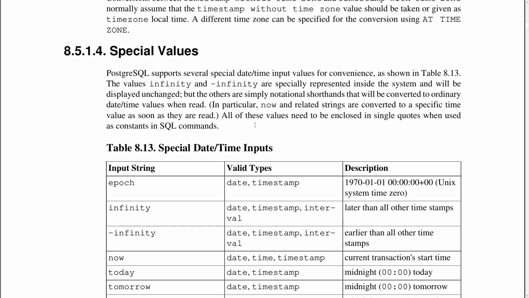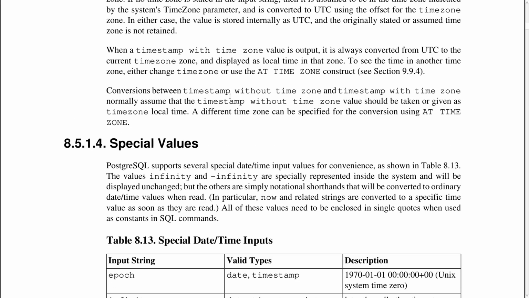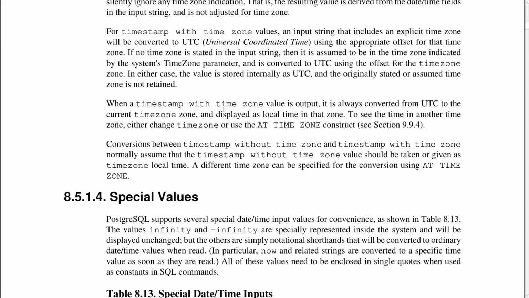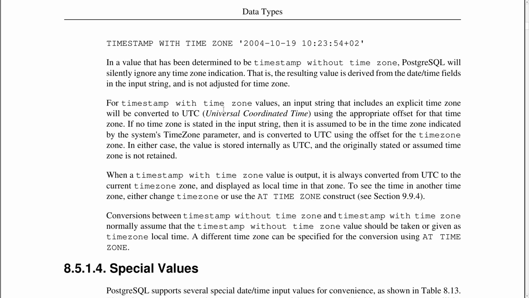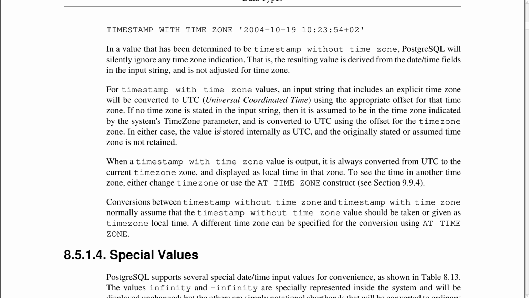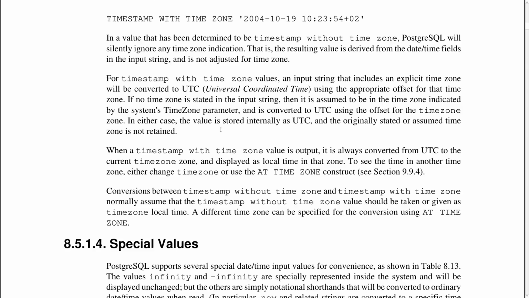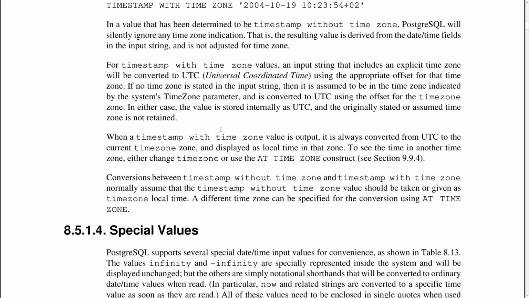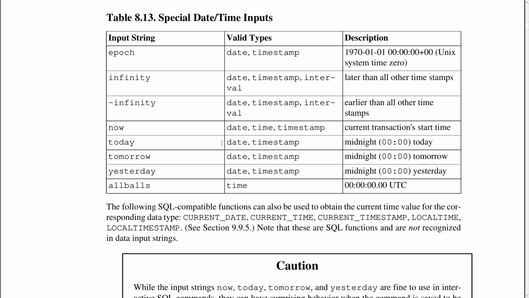So when the transaction begins, at that time it is evaluated.